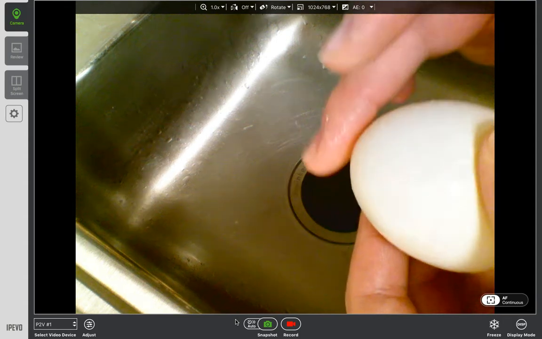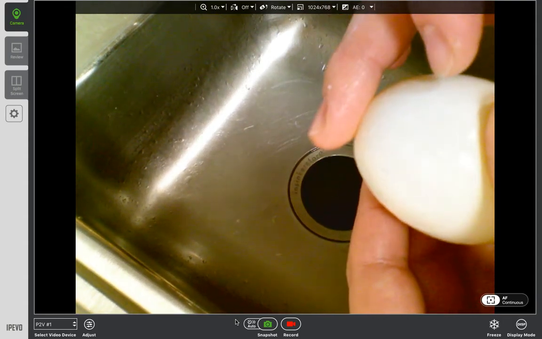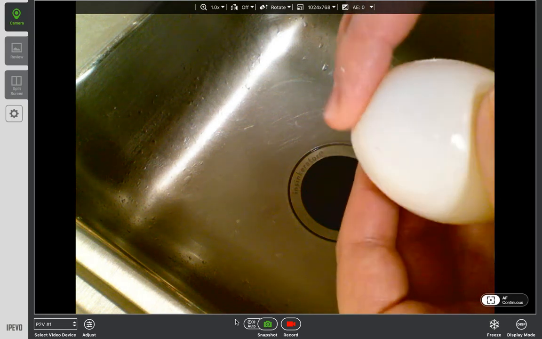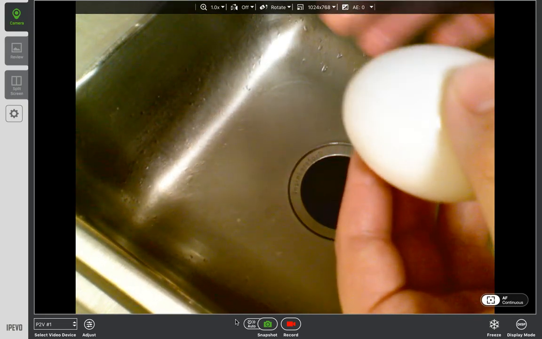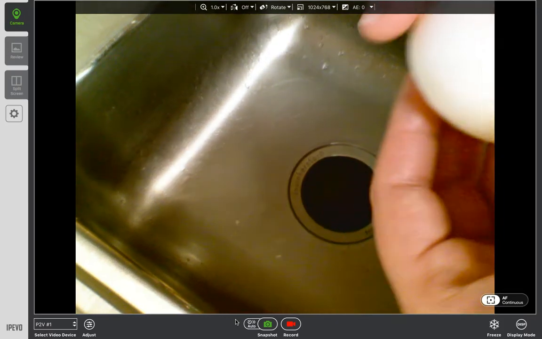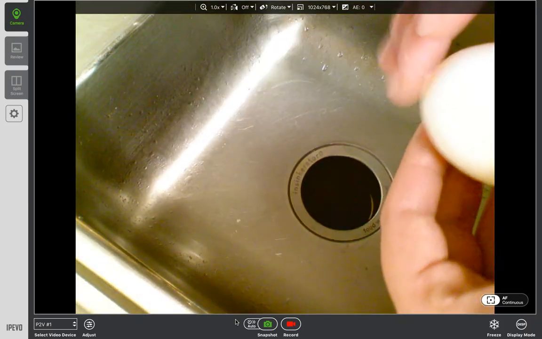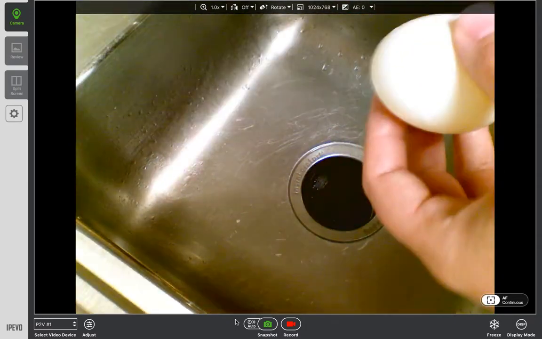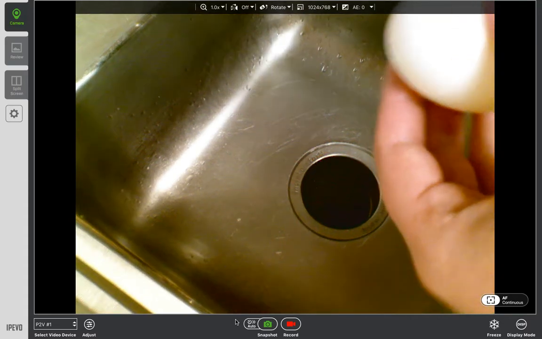Now, do you guys notice what I'm doing here? It's squishy, right? Why is this squishy? What we've done is we've eaten off the shell, but there's a membrane that's around our egg, around the yolk and the egg white that's inside. Can you see all the science going together here?